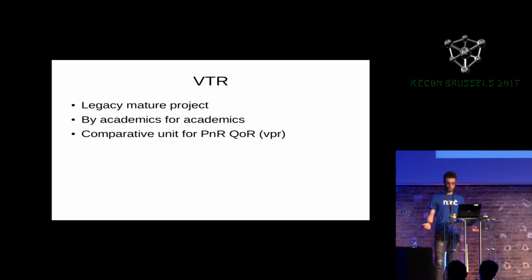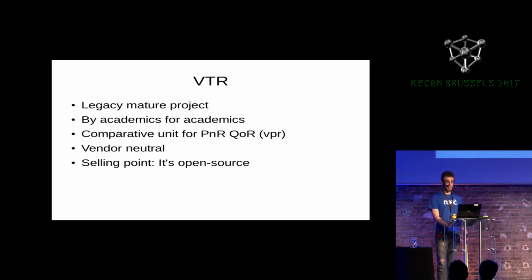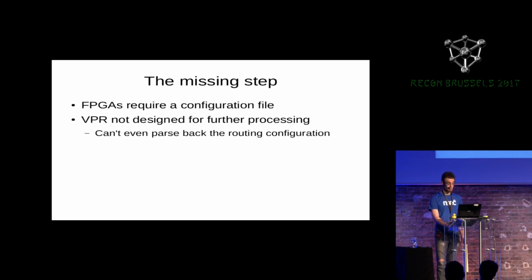They usually say, "We tested our algorithm, and it's 70 times faster than the best time you can get with VTR." Since it's not vendor specific, everyone in the community can use it to benchmark. Its main selling point is that it's open source. But at the end of that, I still need to reverse a configuration file, and that's missing. You have to do it.